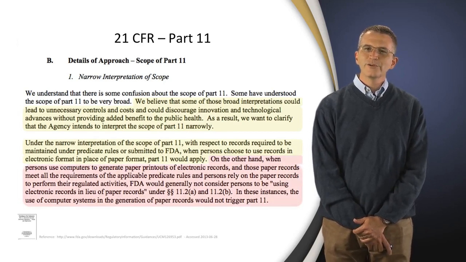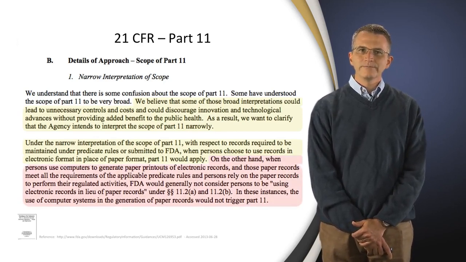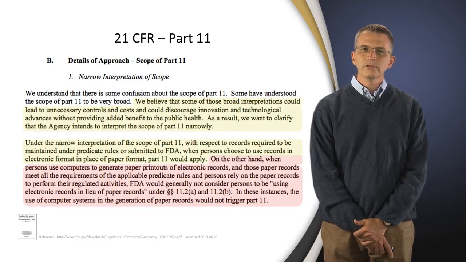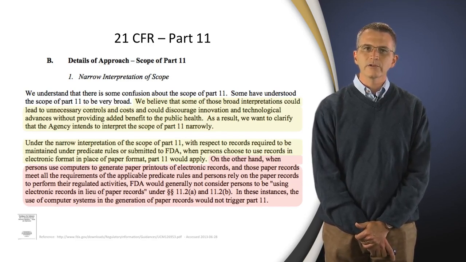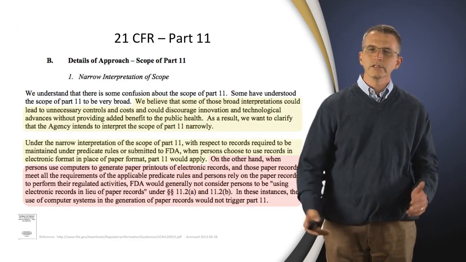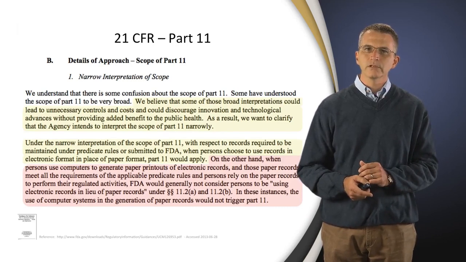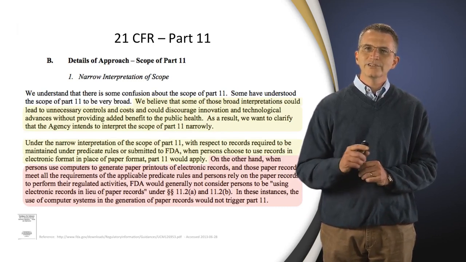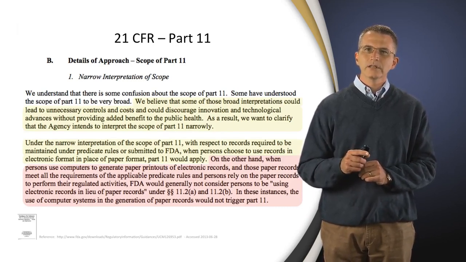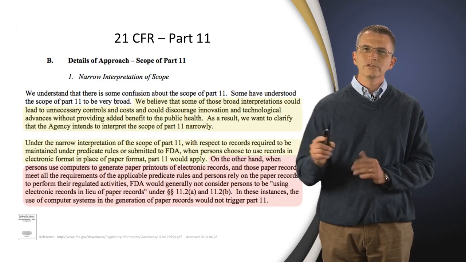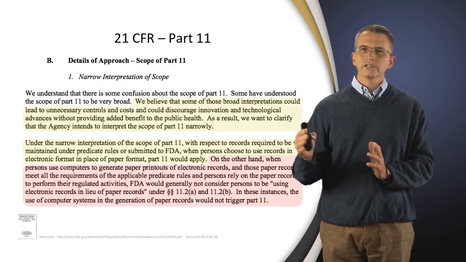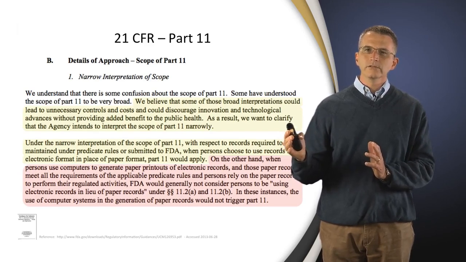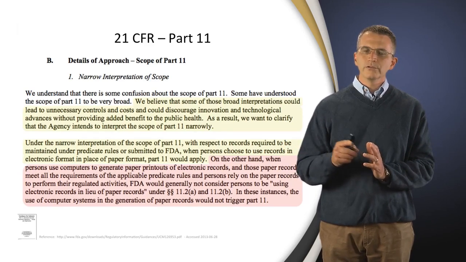So they also go on to say that on the other hand, when persons use computers to generate paper reports of electronic records, and those paper records meet all the requirements of predicate rules, in other words, the documentation requirements for a study, as long as there is another source document, as opposed to just the electronic copy that you're using for collection and management of your clinical trial data, then Part 11 rules do not apply.